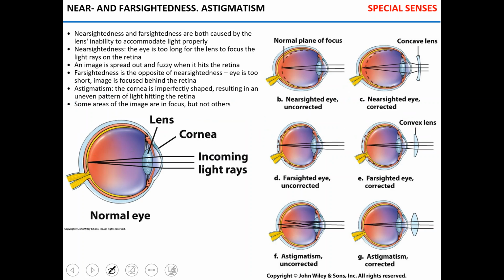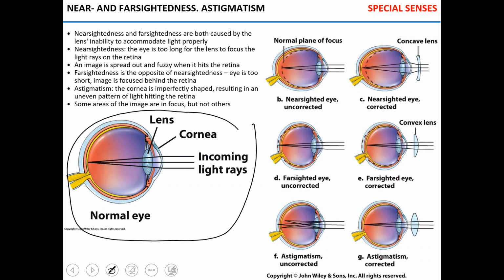Main conditions associated with improper or dysfunctional visual acuity are nearsightedness, farsightedness, and astigmatism. So this is a normal eye. You can see that lens focuses the light on the retina.